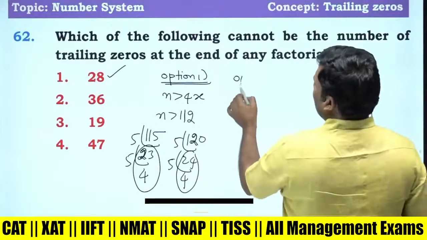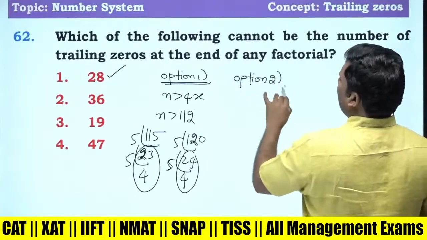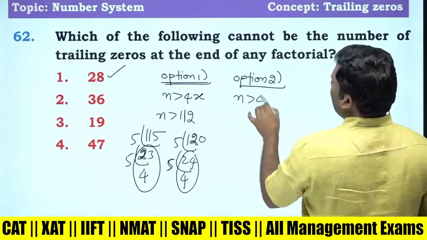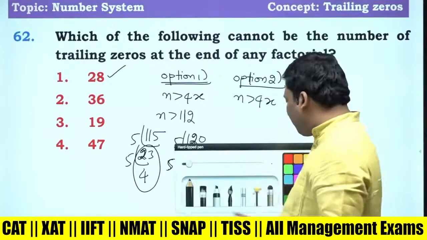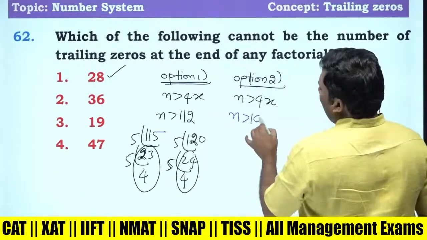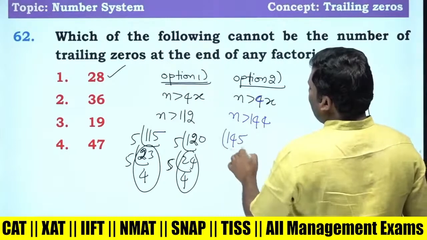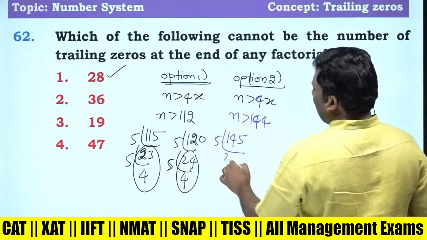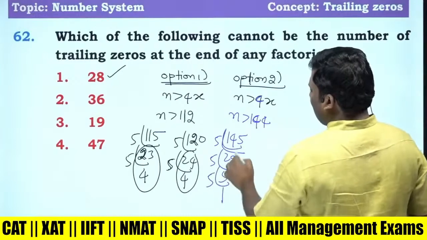Second one. Very, very interesting topic. N is greater than 4x, so N is greater than 144. What is the multiple of 5 greater than 144? 145: 29s are, 5 5s are, 5 1s are.